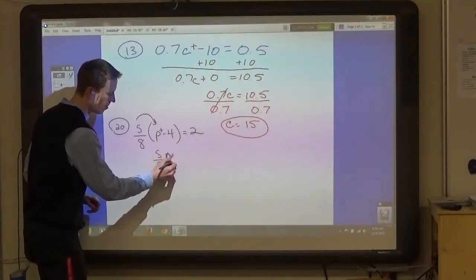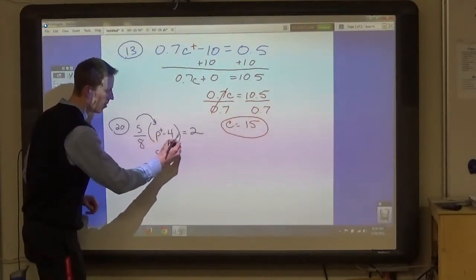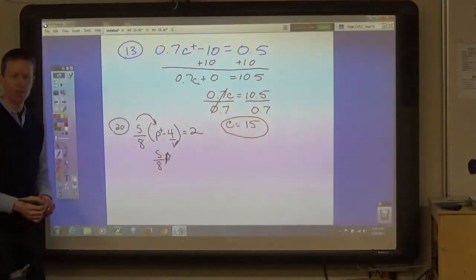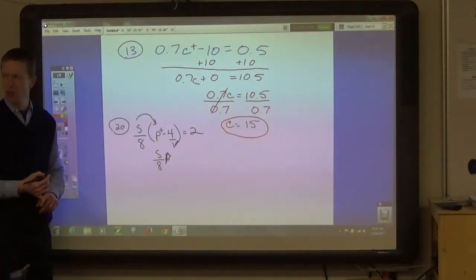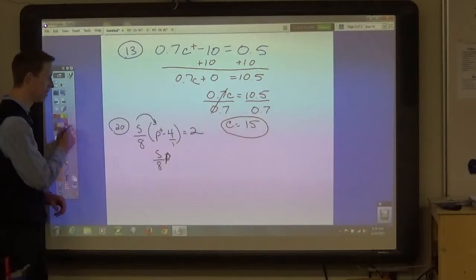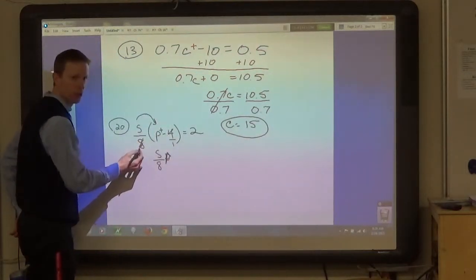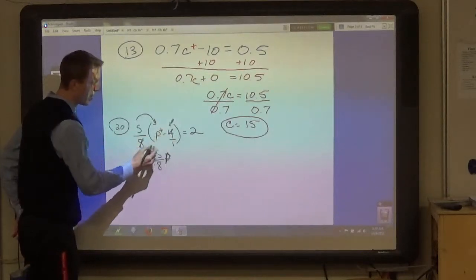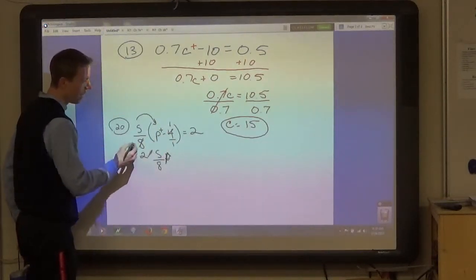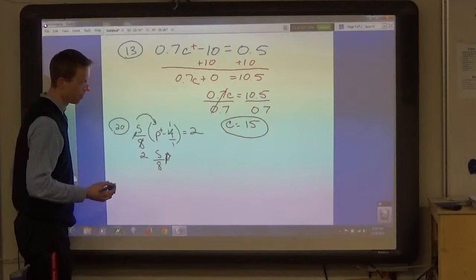Then you do 5/8 times negative 4, over 1. We can reduce 8 and 4 to 2 and 1, and then multiply the fractions.